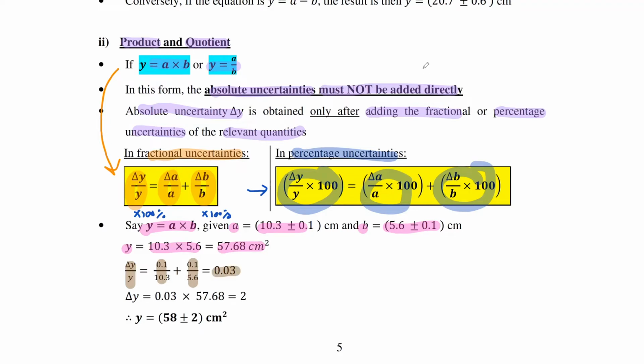But this is not yet complete because we want to find the absolute uncertainty of y. So we will need to sub in the value of y that we found earlier, which is 57.68 centimeters squared. So we solve right now to find out what the absolute uncertainty is, which gives us 2. So the final answer is thus 58.2 centimeters squared.